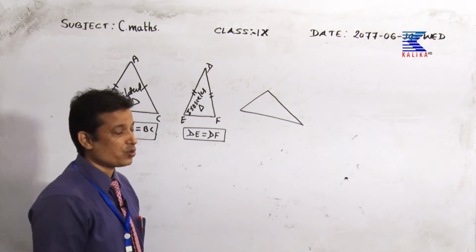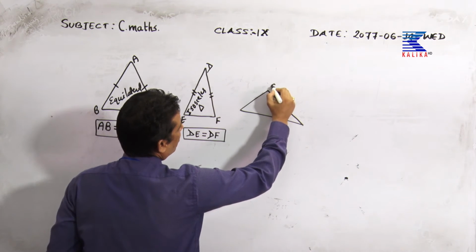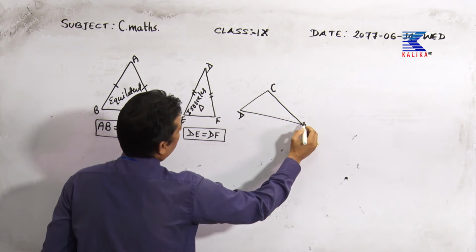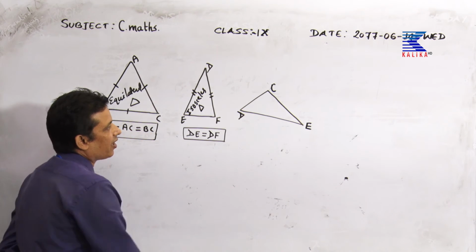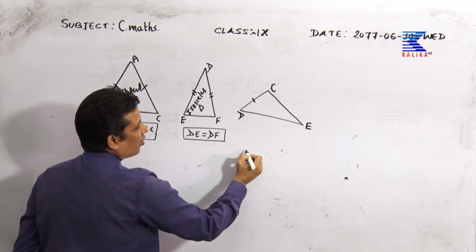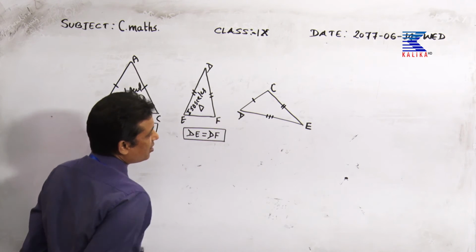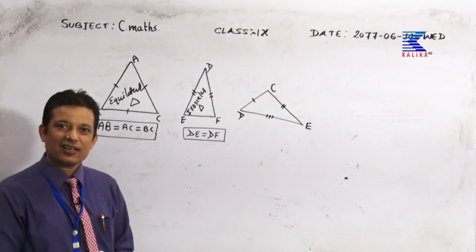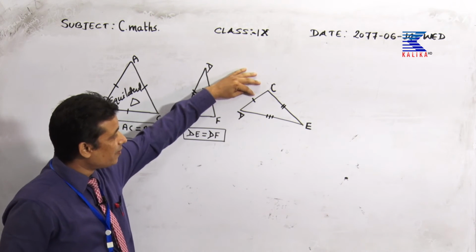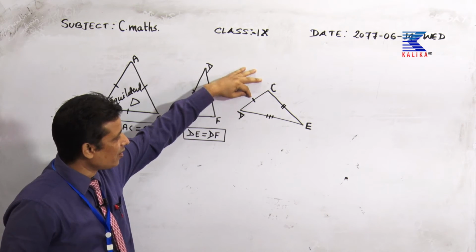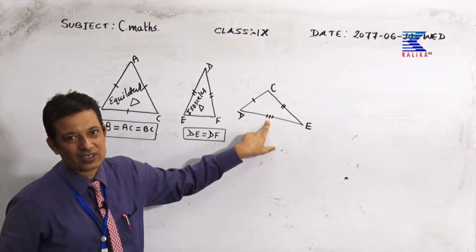Now, third one, dear student, let me name it CDE triangle. Here I have given one line, then here 2 and here 3 small lines. Now, look, here 3 different signs indicate 3 different sides. It means for CD I have given this sign, for CE I have given this sign, for DE I have given a different sign.